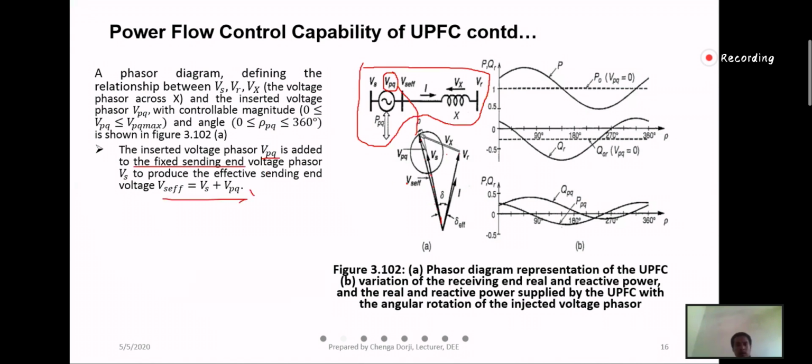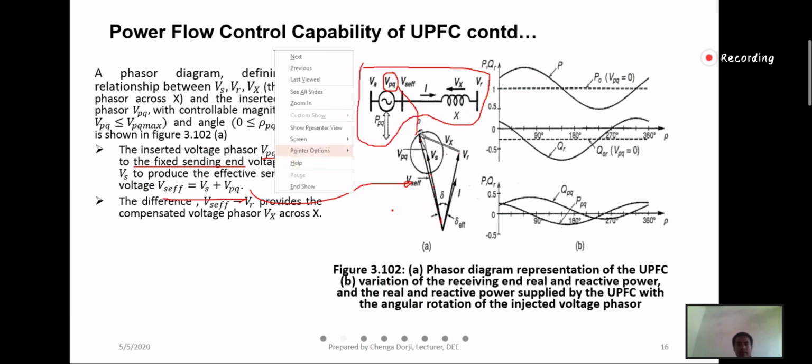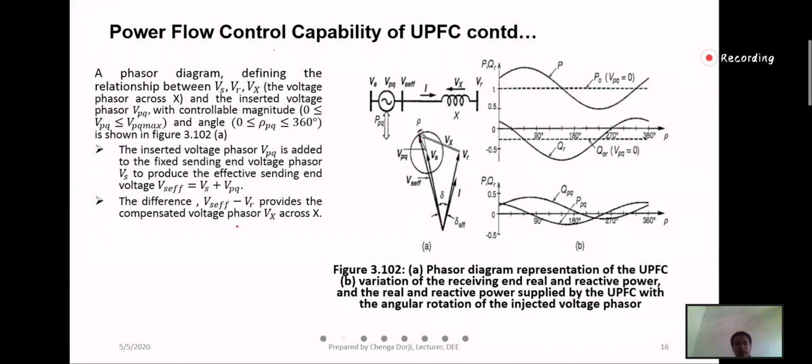The difference of the effective sending end voltage and the receiving end voltage provides the compensated voltage phasor Vx, which is actually the compensated voltage across the inductor X.